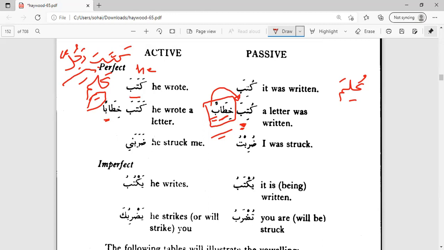Passive is known as majhul. Like it comes from jahil. Jahil means ignorant, when you don't know anything, and ma'lum comes from ilm, when you know. So ma'lum is when you know the person. So active is translated from ma'lum, and passive is translated from majhul. So here you know the doer. Here you will not know the doer.